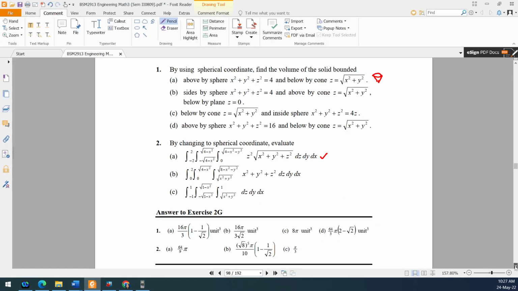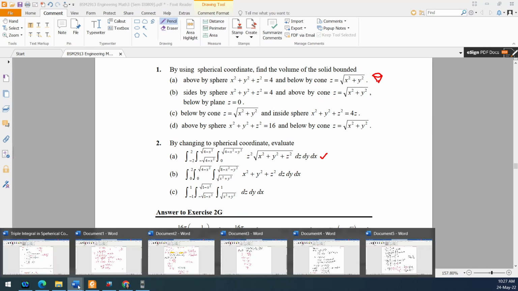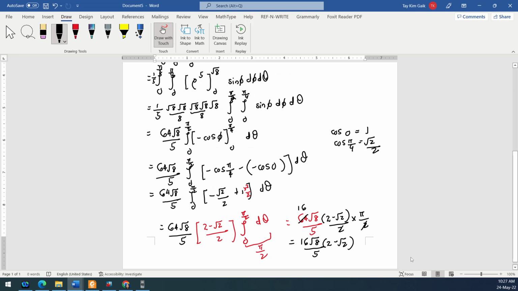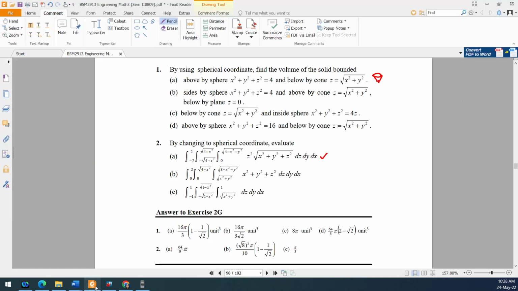Question 2b. What did they get? 64 over 3 pi, 2 minus root 2... I got pi, and 2 minus root 2. This is question 2b, not 1d.